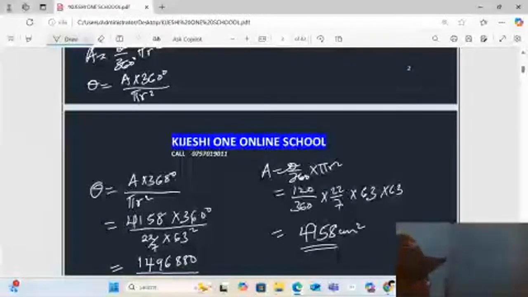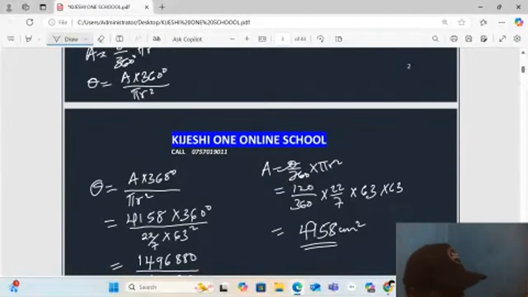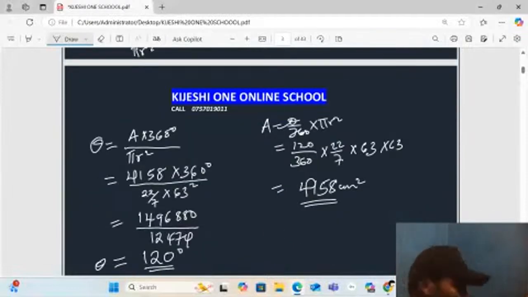That means my theta is correct, and that is the answer. So it's that simple, getting the theta for your answer.